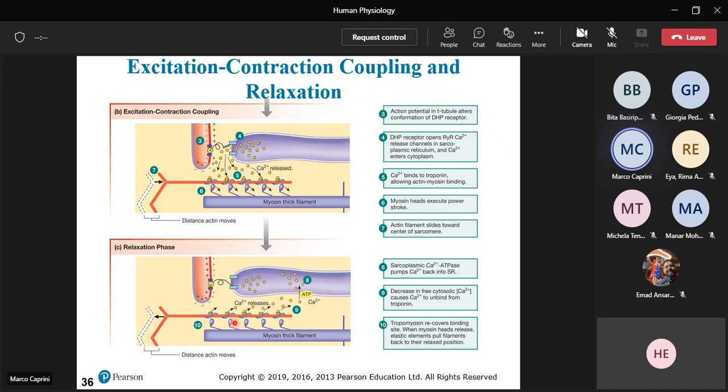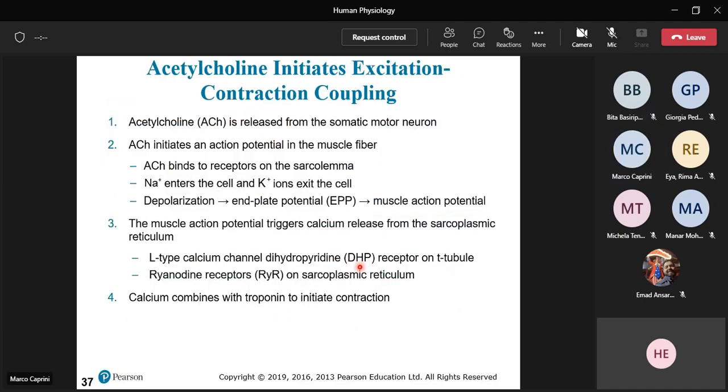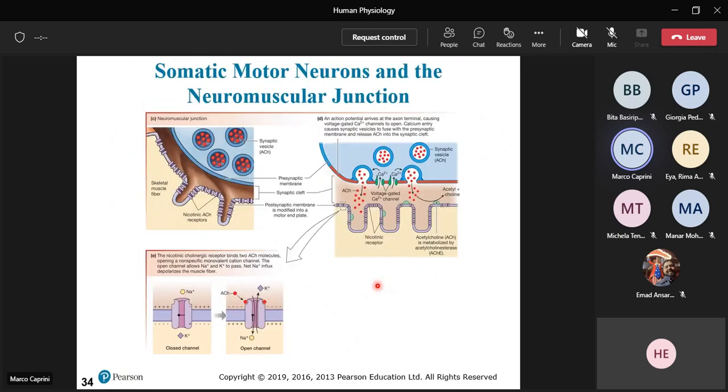It's okay? Okay. So again, this is the process, from the acetylcholine release in the somatic motor neuron to the calcium that combines with troponin to initiate the contraction. Let's have an important question, okay?